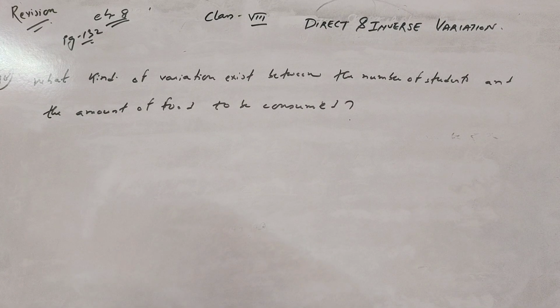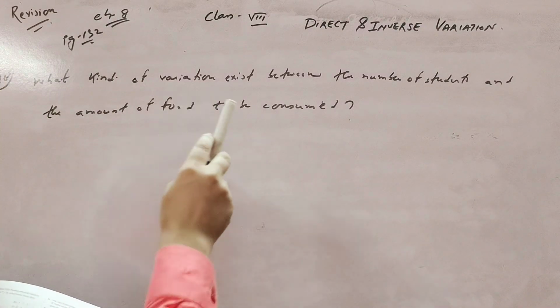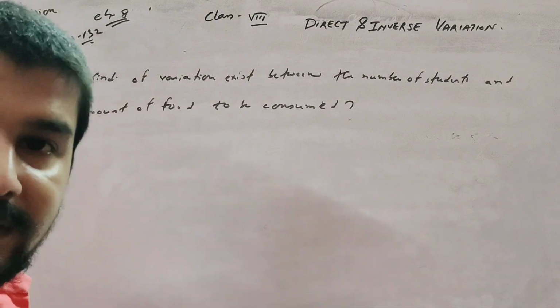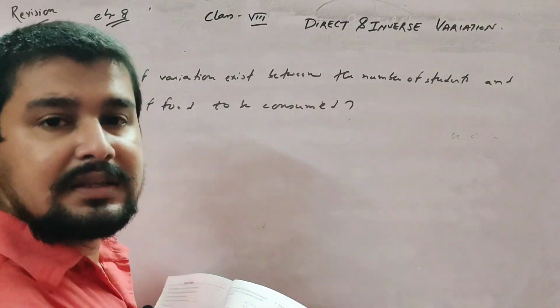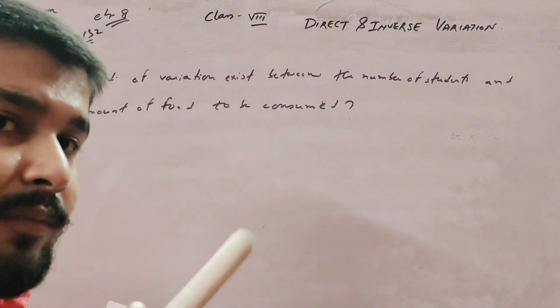The question is asking whether this is direct variation or inverse variation. We know that if the number of students increases, the amount of food also increases. If the number of students decreases, the amount of food also decreases. So both are increasing and both are decreasing.